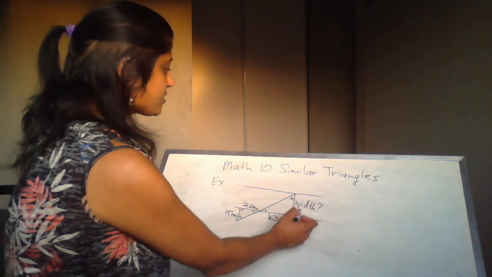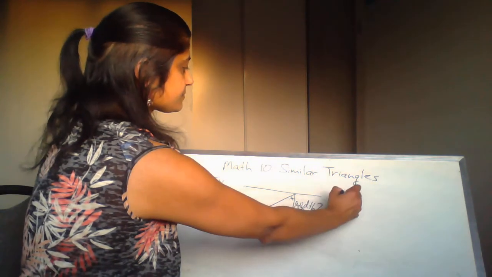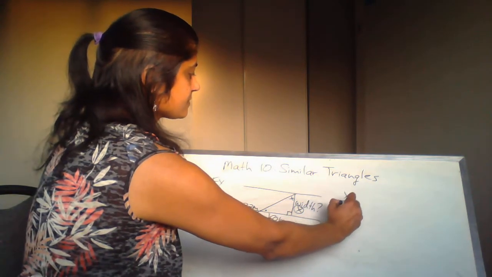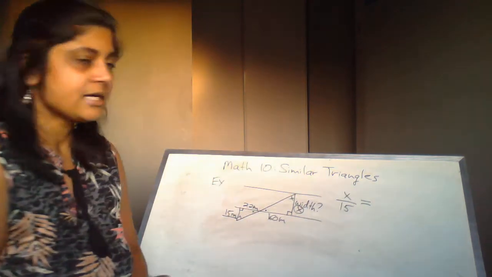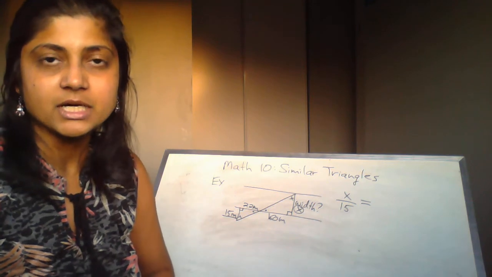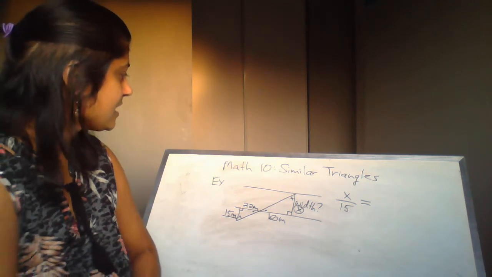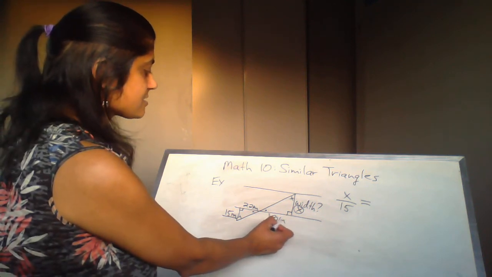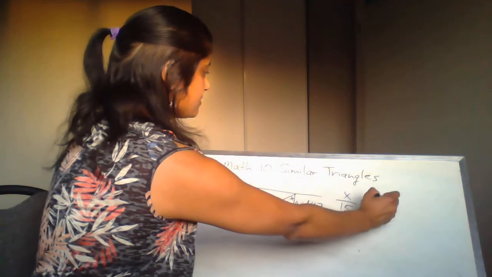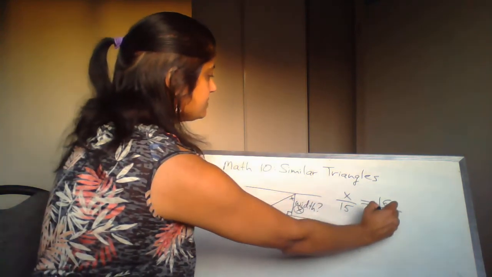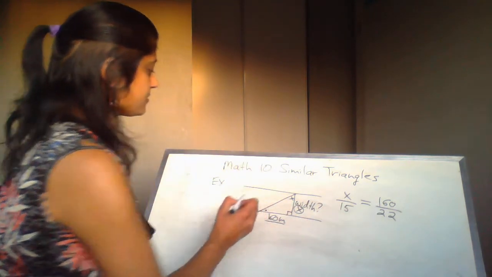With that, all you need to do is write out the ratio. You're going to start off with x over this side, which is 15. Just notice I'm comparing the two sides of the triangle, and when you compare it to the base of the triangle, it's going to be 160 divided by 22, which is right here.